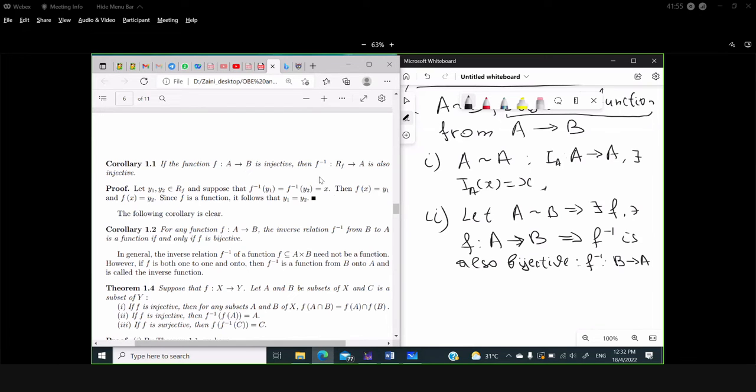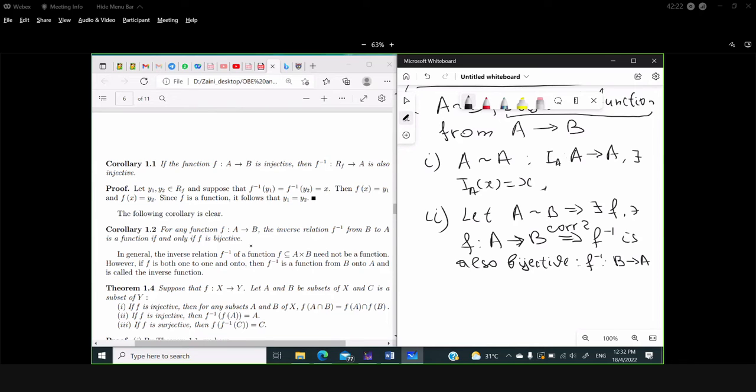It is the corollary: for any function F, the inverse from B is also a function if and only if F is bijective. This is from corollary 2. Because of corollary 2, F minus 1 is also bijective.